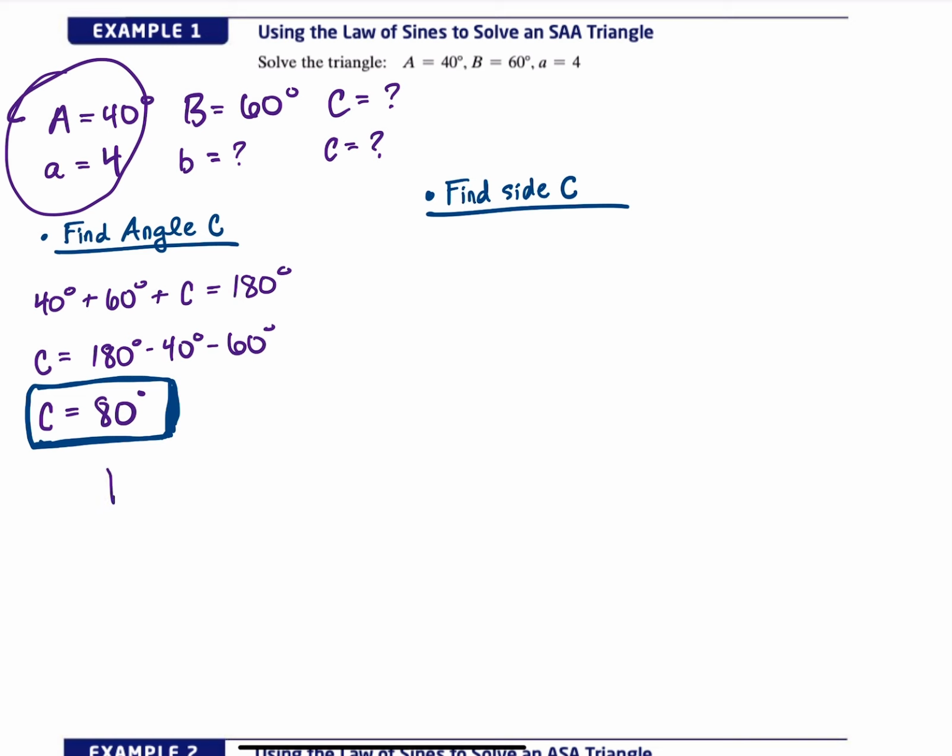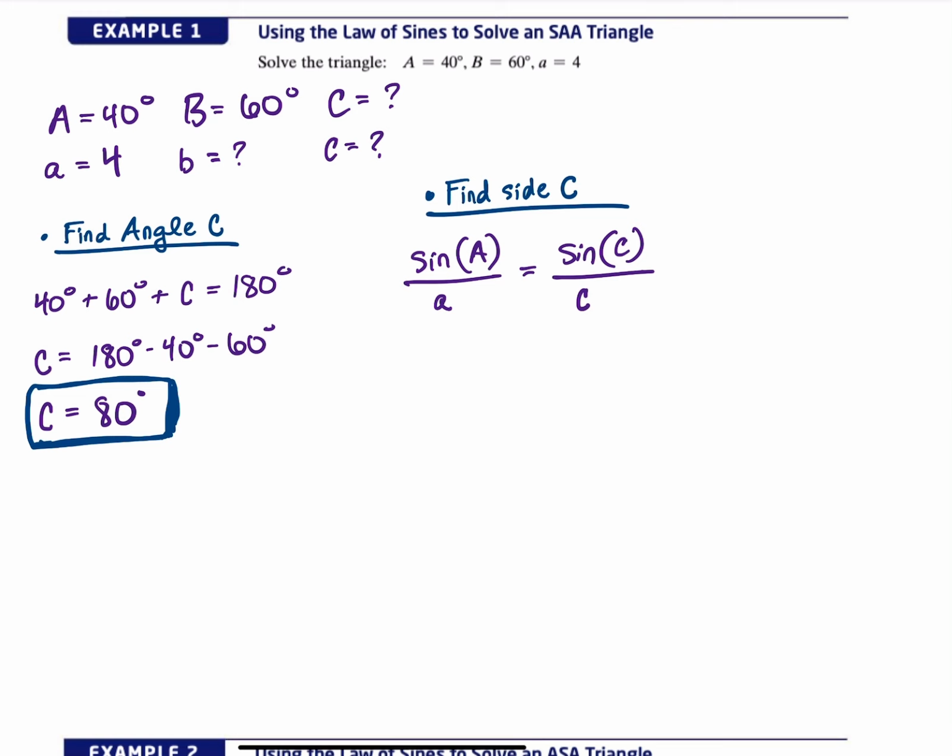So let's use the law of sines relating angle A and angle C. Meaning we can say the sine of angle A over side length A should equal the sine of angle C over side length C.